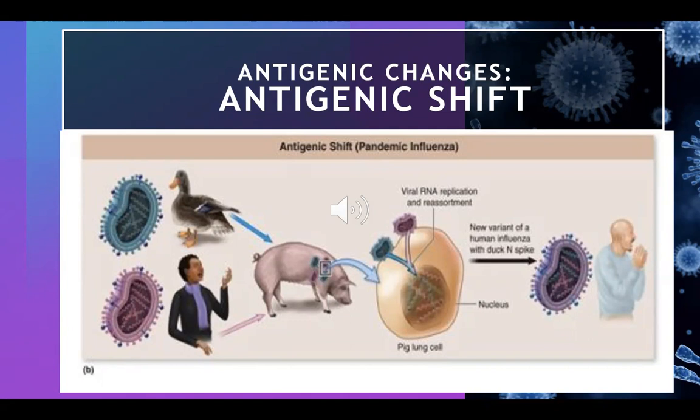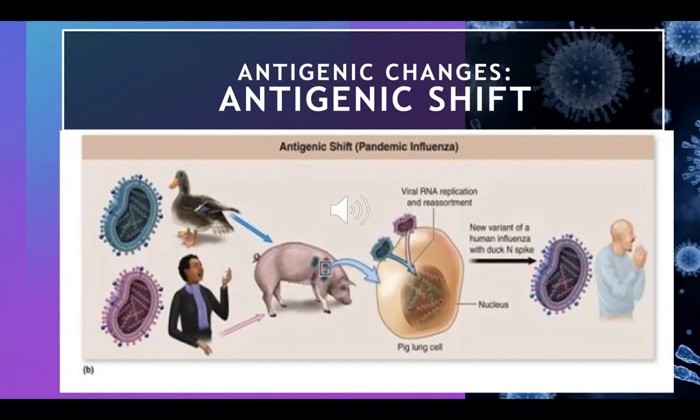Now, what about antigenic shift? Antigenic shift is an abrupt change due usually to genetic reassortment with an unrelated strain. So, say for example, si human strain nagmix with swine strain. That will create another type of the virus.